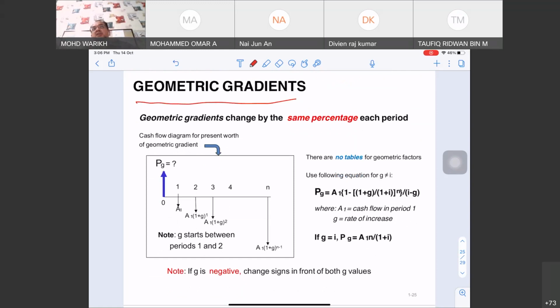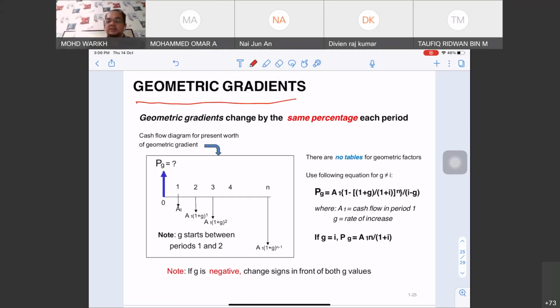That means you have to use only the formula. Anything involving the geometric, you have to use the formula. You cannot use the tables because it doesn't exist in the table. Faham?